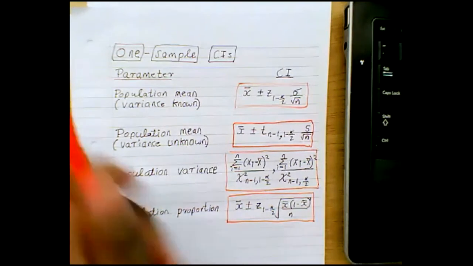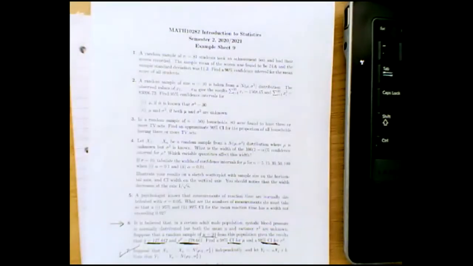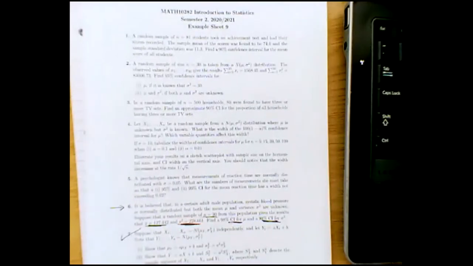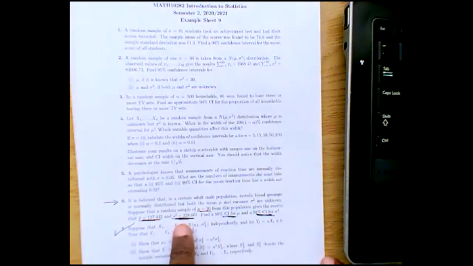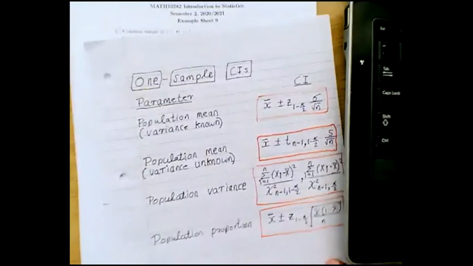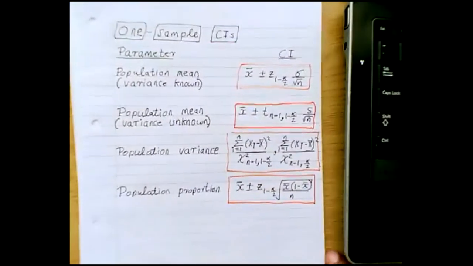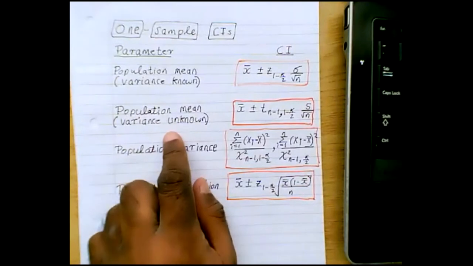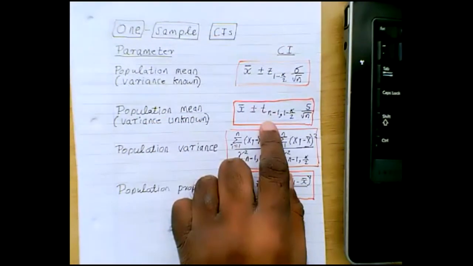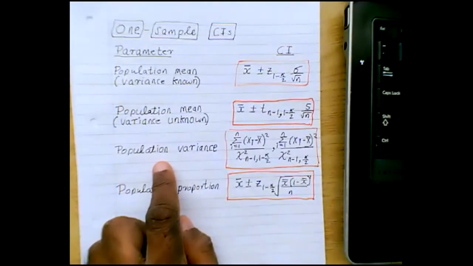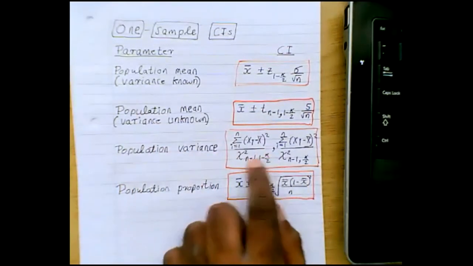Now, the question that we're looking at right now is asking you for the confidence interval for mu and the confidence interval for sigma squared. In this case, the population variance is not known. So in order to find the confidence interval for the population mean, we need to use this one. And in order to find the confidence interval for the variance, we need to use this one.